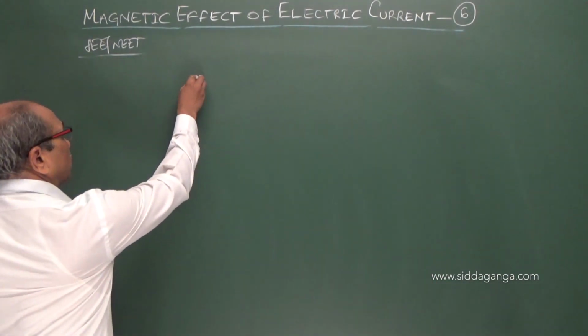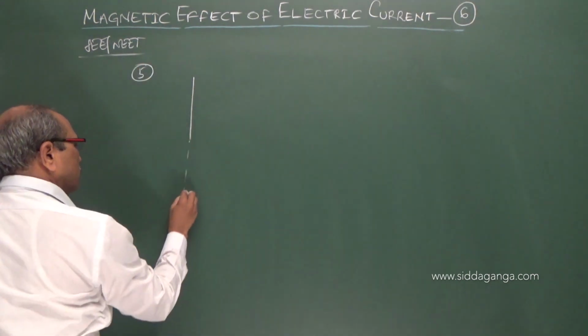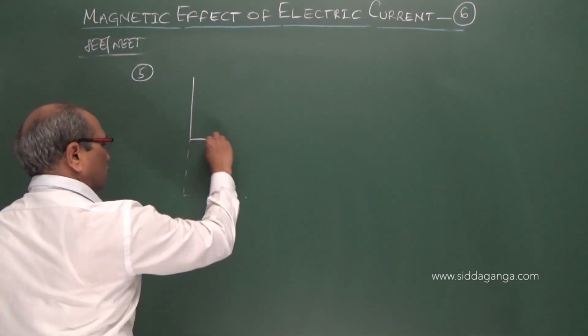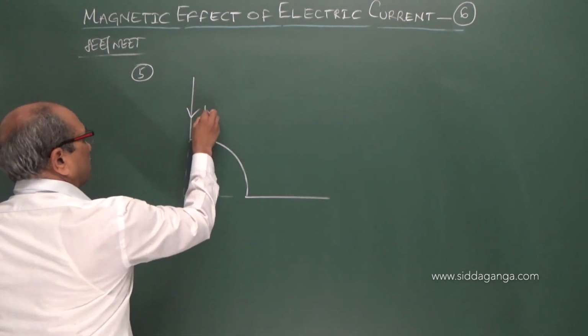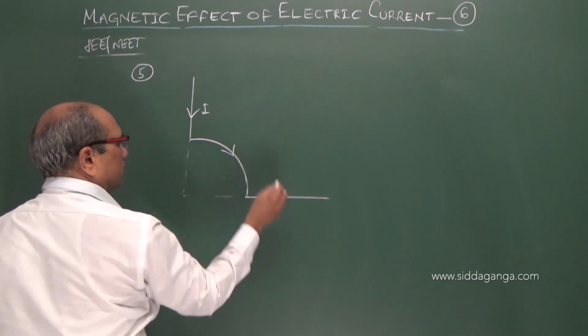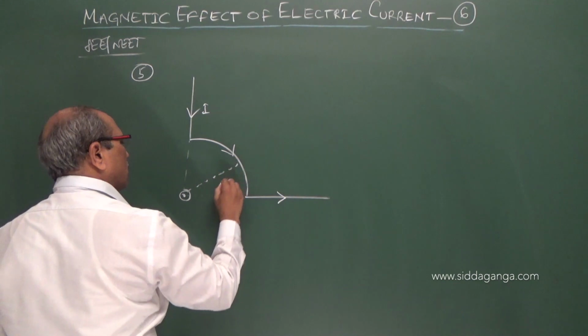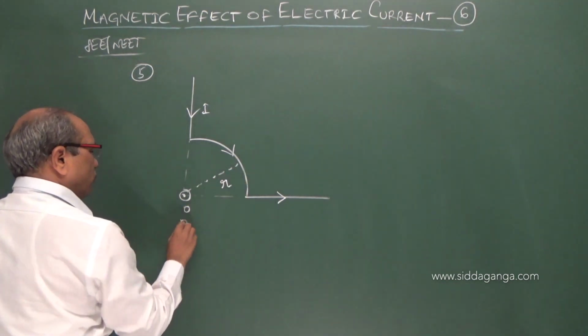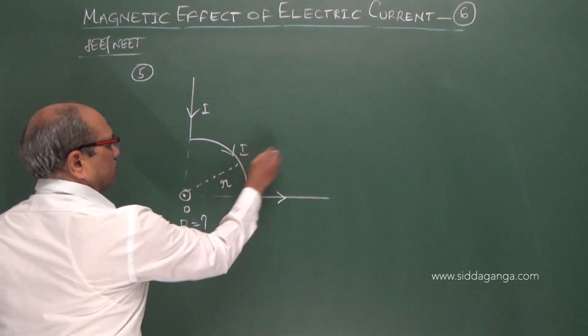So let us take the wire like this, bringing the current, taking like here and this. Again, this distance is R. B naught required, how much? I is the current.